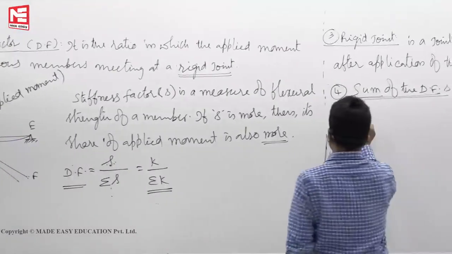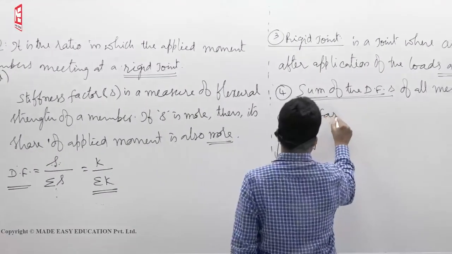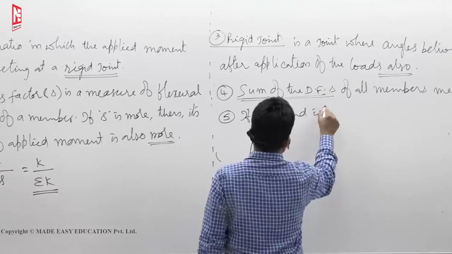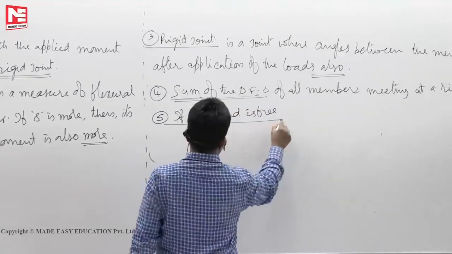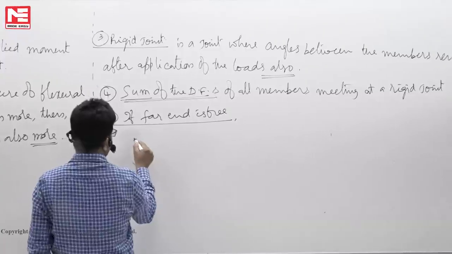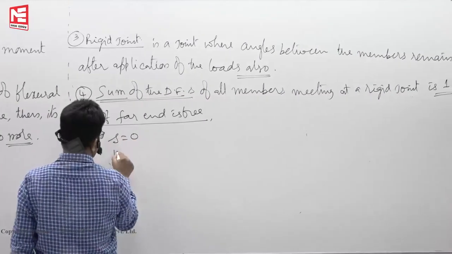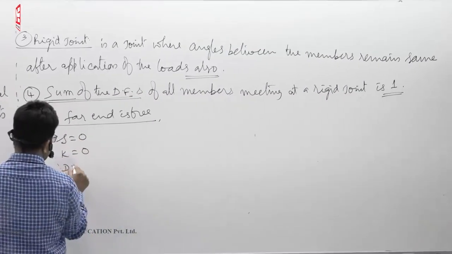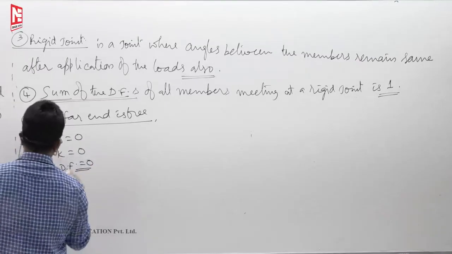If the far end is free, as I told you, stiffness factor is 0, relative stiffness is 0, that means distribution factor is also 0.